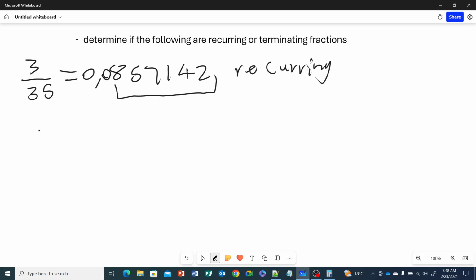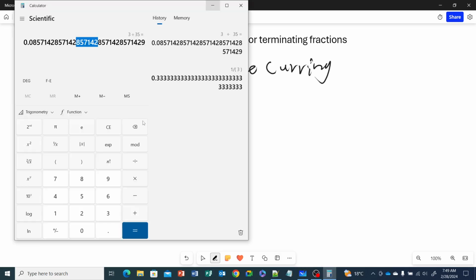Now the second number we have is 11 over 80. So it's 11 divided by 80. So this is the next fraction that we have, okay? Now, if we punch 11 over 80 on our calculator, let's see how much we're going to get. Now we have 11 divided by 80.